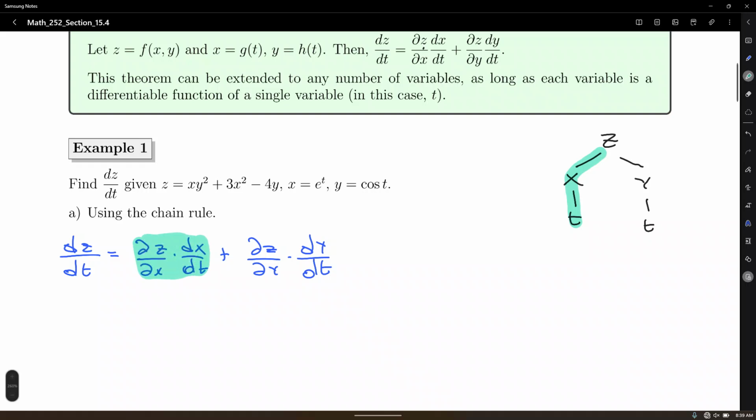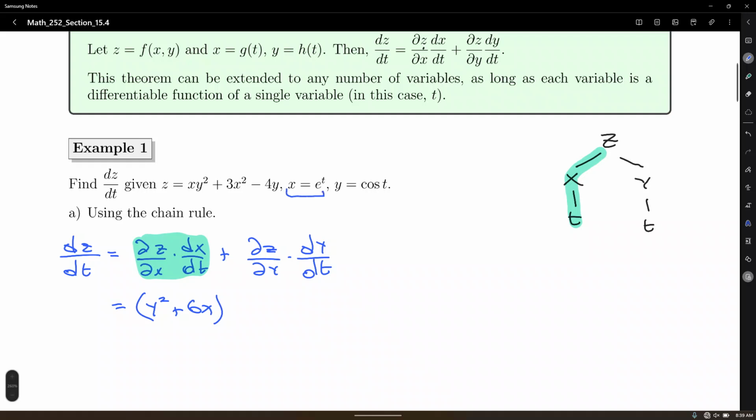All right, so first of all, what is the partial derivative of the function z with respect to x? So number one, the derivative of x y squared is 1 times y squared, plus the derivative of 3x squared, that's a 6x, minus 4y, well, that's 0. Okay, let me put parentheses around, because I'm going to multiply by the derivative of x with respect to t. So now let's have a look at the expression x, which depends on t.